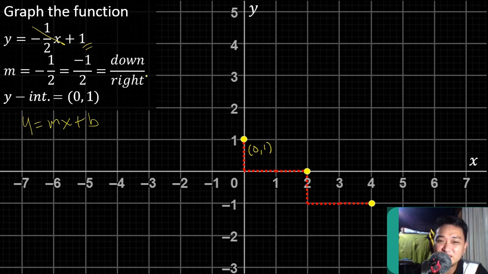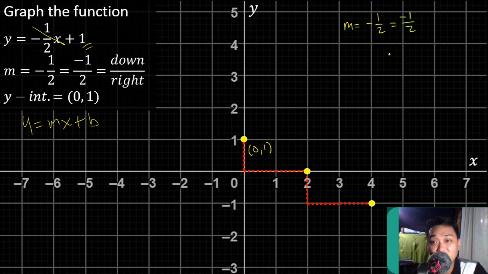Now, pwede ba natin baliktarin yung process? Pwede po. So, if you have the slope, which is negative 1/2, that is the same as negative 1 over 2. And take note, that is also the same as 1 over negative 2.